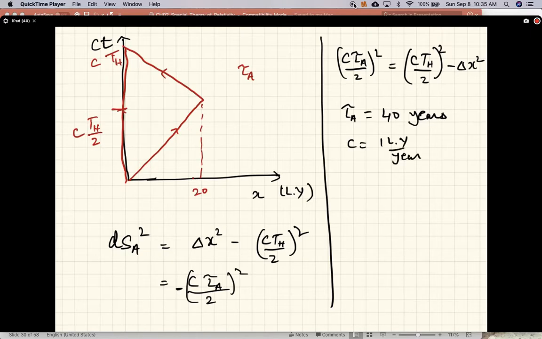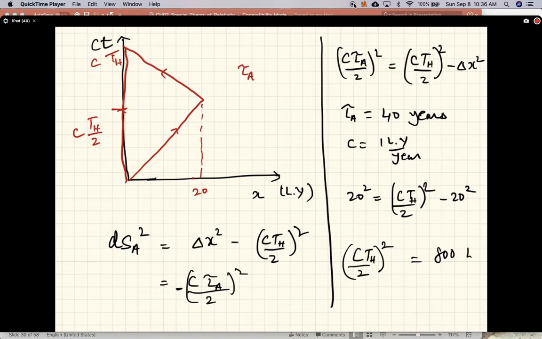So plugging all that in, tau A by 2 is 20, so 20 squared is equal to (c t_H by 2) squared minus the distance to the star, which was 20 light years, squared. Remember, all the units are light years squared. So this is 400 and that's 400, so that's 800. (c t_H by 2) squared is 800 light years squared.